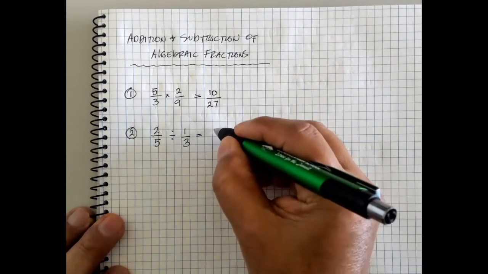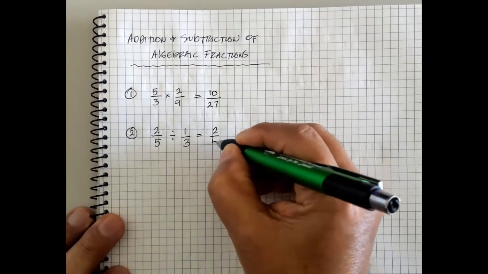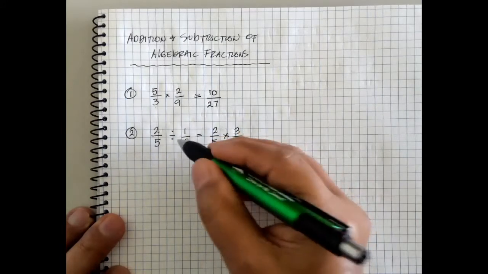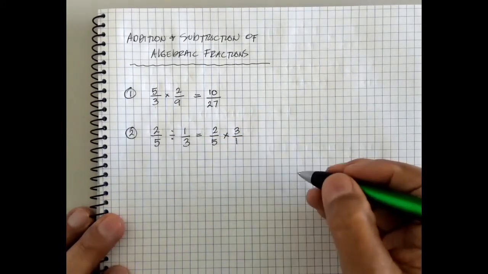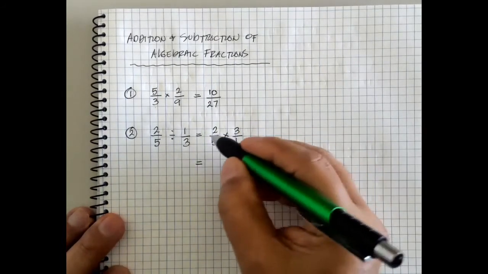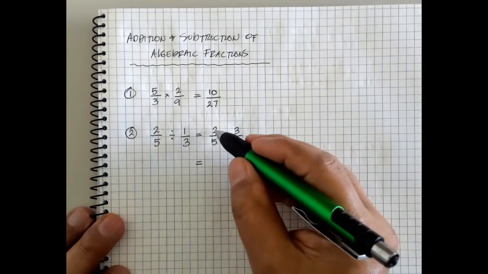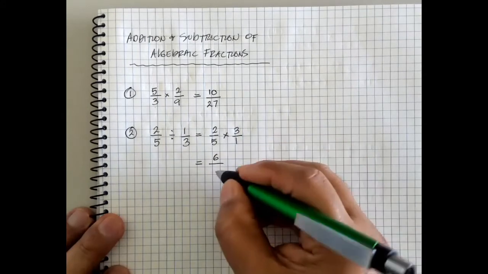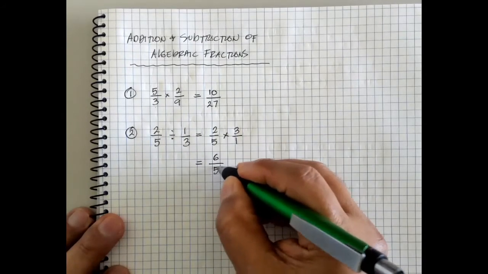So what we do is keep 2 over 5, but then we multiply by the reciprocal of that fraction. And then we just do normal multiplication, so we do 2 times 3, and then 5 times 1.